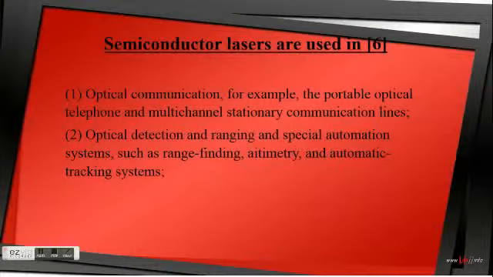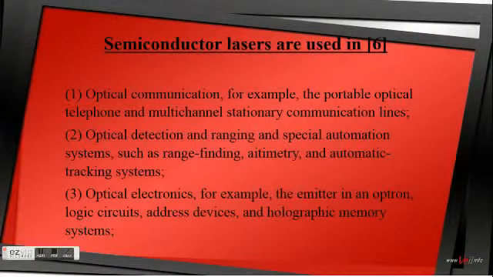Optical detection and ranging and special automation systems, such as range finding, altimetry, and automatic tracking systems. 3. Optical electronics, for example the emitter in an optron, logic circuits, address devices, and holographic memory systems.